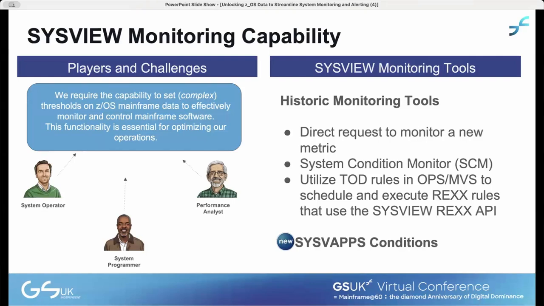It's over 20,000 display data points across thousands of commands. So the first one is the direct request to monitor a new metric. Now let's say you are using SysView and you have a specific need to monitor a metric that isn't natively tracked. So we entertain such requests.